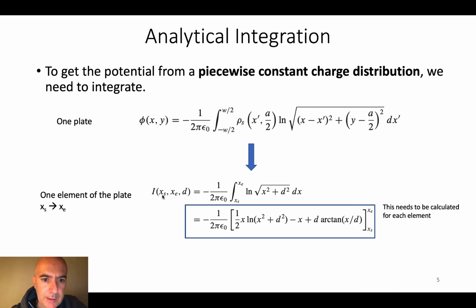So we have the integral from x start to x end, and then also we have as a parameter d, that is the distance in the y direction. So we can analytically calculate this term with this expression here. In the lecture today, what we're going to use is this analytical formulation. Keep in mind this needs to be calculated for each element, and then we're going to sum it up.